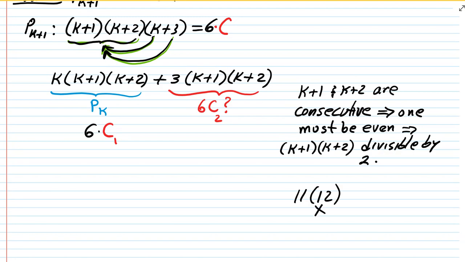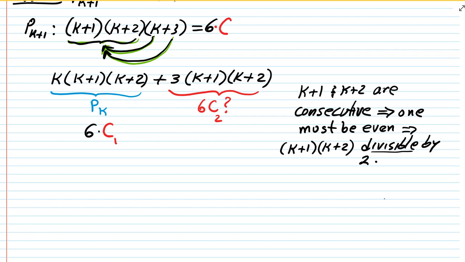One of them is even. The product, whatever that is, is going to be divisible by 2. Means dividing by 2 gives you a natural number. Like 7, 8. One of them is even. The product 56 is divisible by 2, right? 2 times 28. And that's what we're claiming here. The key is that the product is divisible by 2.